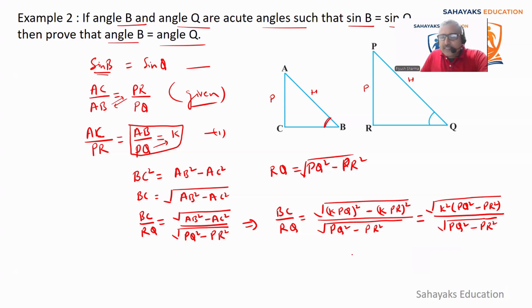Now, what does this imply? This implies that BC by RQ is equal to K. If I take it outside, it becomes PQ square minus PR square divided by square root PQ square minus PR square. Now PQ square and PR square will cancel out. So BC by RQ will be equal to K.